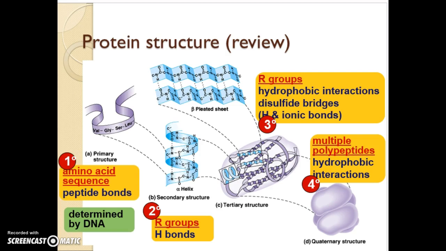So any polypeptide chain will have a given amino acid sequence that spontaneously arranges itself into a three-dimensional shape. And that shape is going to be determined and maintained by the interactions responsible for either the secondary or tertiary structure. And this folding occurs within the cell.